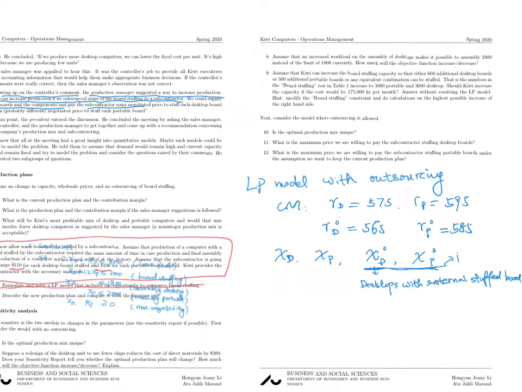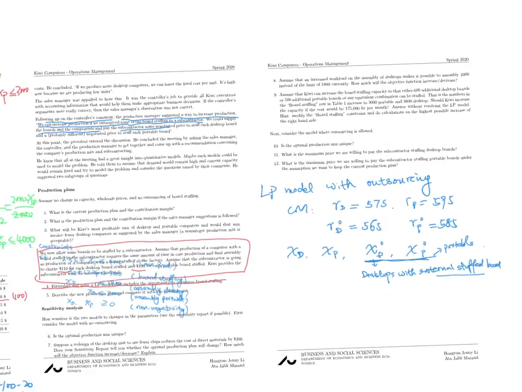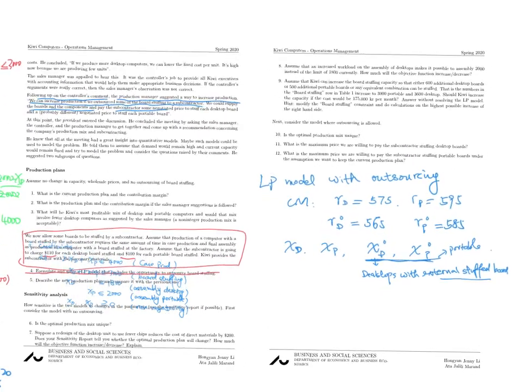XPO is the quantity of portable models with external staffed boards. So now you have four decision variables defined.